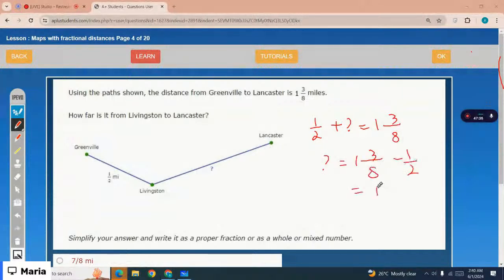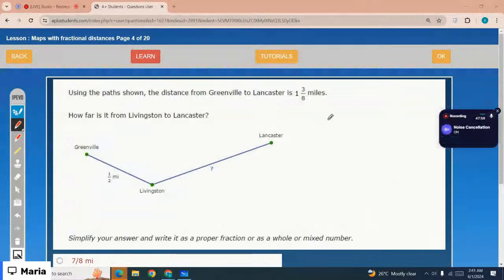Other side 8 times 1 is 8, 11 over 8 minus 1 over 2. First make the denominator same. That is 11 over 8 minus 4 over 8. 7 over 8 it is. So that means the missing distance is 7 over 8. The correct option is option number 1, that is 7 over 8.